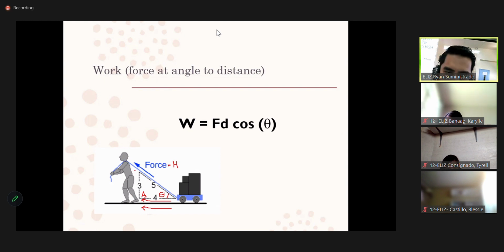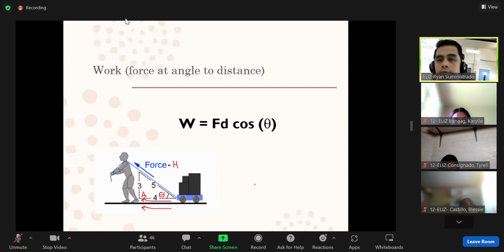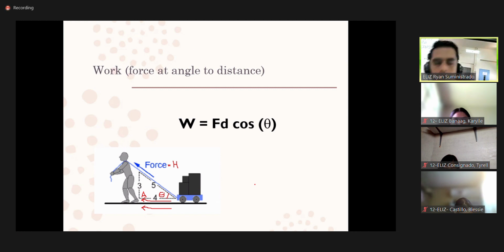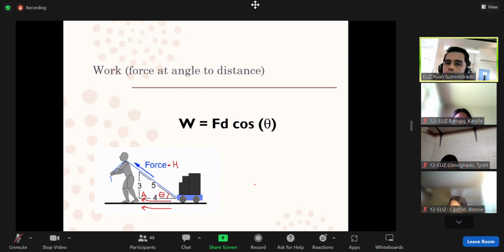Not this side, the three unit side of the right triangle, because it will not be parallel. They will be perpendicular if we use the 3-unit side of the triangle. Okay? That's the reason why we'll use FD cosine theta for work with angle of exertion.